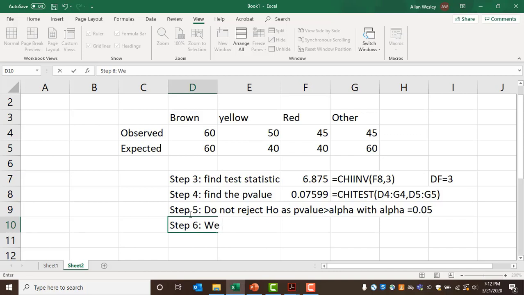Now here's where it gets clunky. We sort of can conclude that it follows the distribution, but we say it in a weird way, so we're not accepting H0.